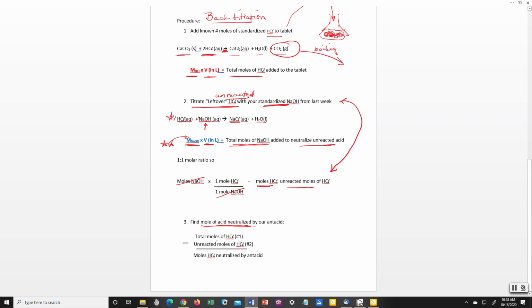So total moles of HCl, which we got from step 1, minus the unreacted moles of HCl, which we got from step 2. That'll give us the moles of hydrochloric acid that were actually neutralized by the antacid. Now, the calculations for this are lots and lots of fun, so we're going to come back to that in the processing the data video.